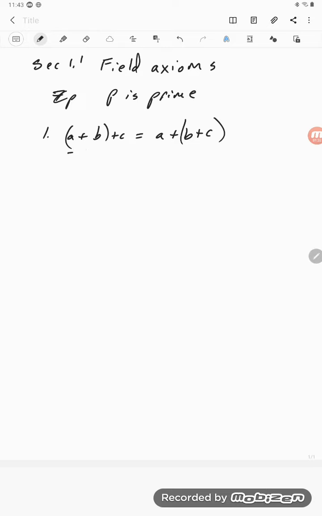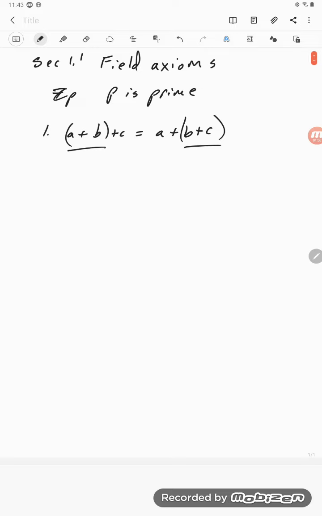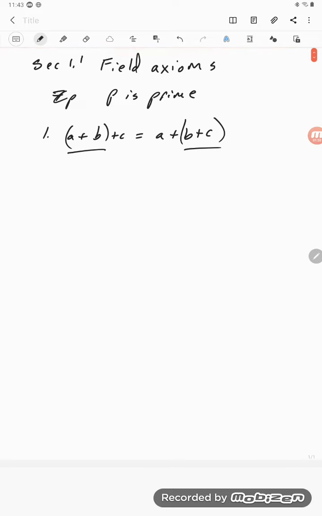On the left, we added A plus B first, and on the right, we added B plus C first. So in any field, there's a thing called addition. And as long as we're dealing with integers, Z_P is a finite set of integers that we'll see. Integers just add like they always have. We know how to add them.